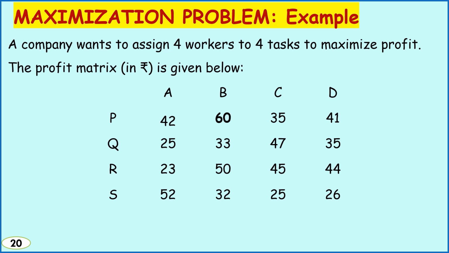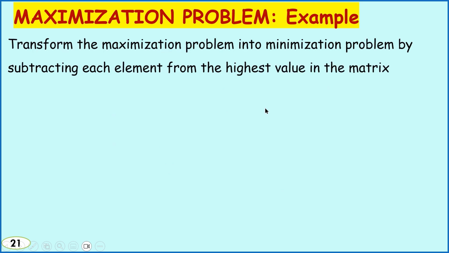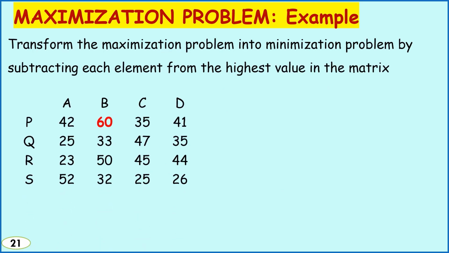So here we need to maximize the profit, and when you want to maximize the profit, we can't directly apply the Hungarian method. For that reason, we need to look at the entire matrix and identify the highest value. The highest value is 60.